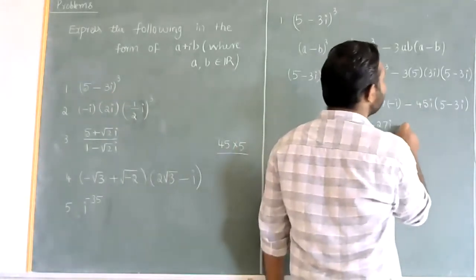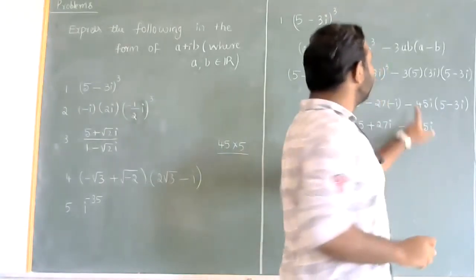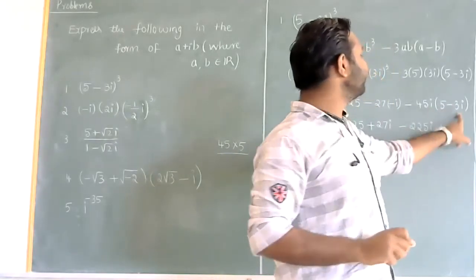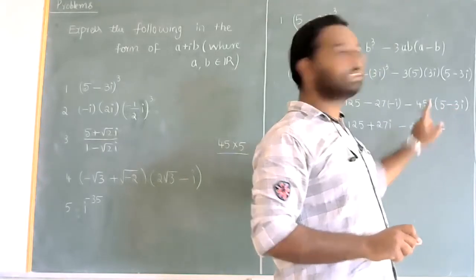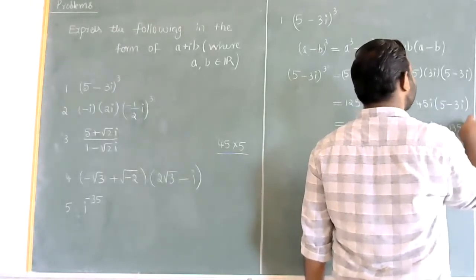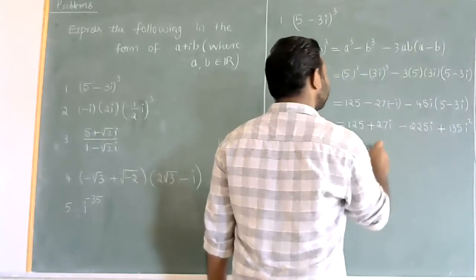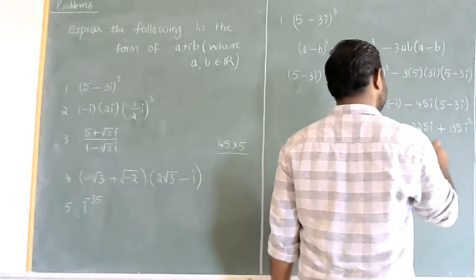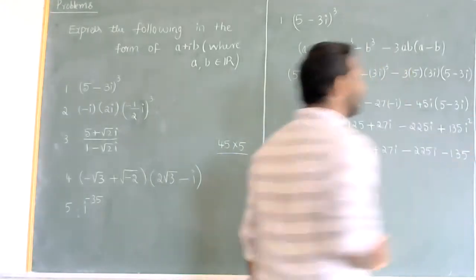So it is minus 225i. Minus into minus is plus, 45 3s are 135, i into i, i square. So 125 plus 27i minus 225i. i square is minus 1, so minus 135.